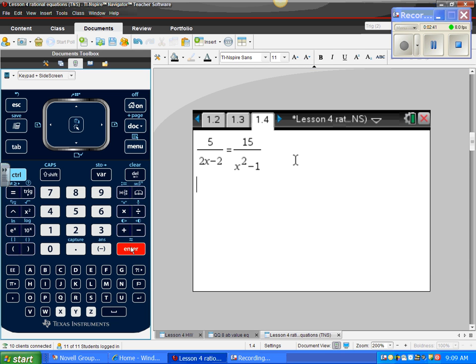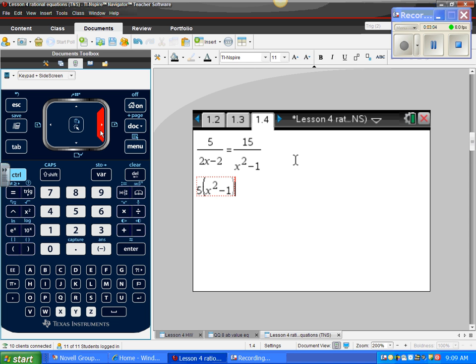So, how do I do it? Somebody walk me through it. No, that's if you're adding and subtracting. Remember, Control M to open the math box to start. Yep, 5 times, good, x squared minus 1. And notice I put that x squared minus 1 in parentheses.